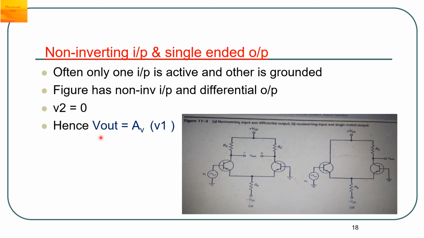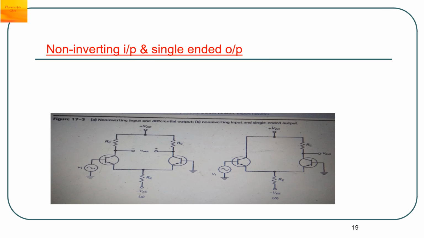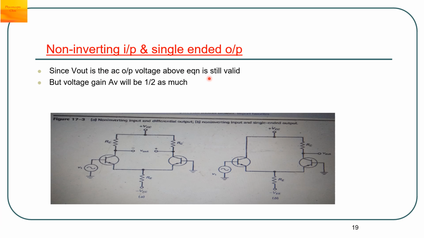So the equation of output voltage that we write as AV into V1 minus V2, V2 is 0, so we get the output voltage as AV into V1. Since Vout is the AC output voltage, the above equation is still valid, but the voltage gain AV will be half as much that of the differential output, because the output is taken from one side of the differential amplifier.